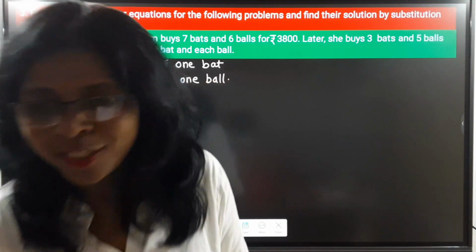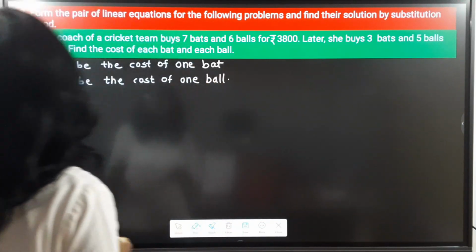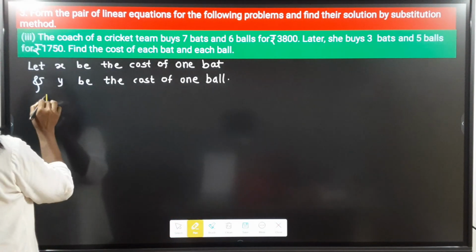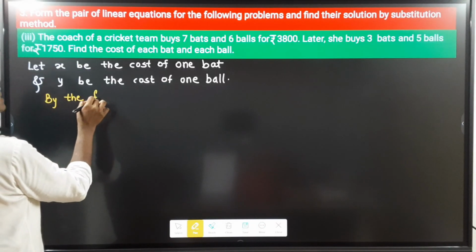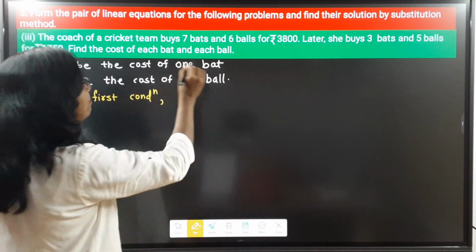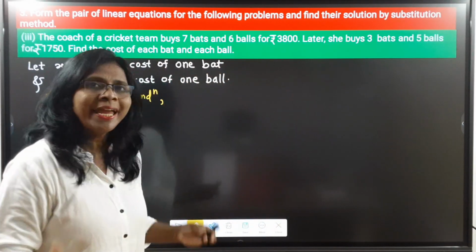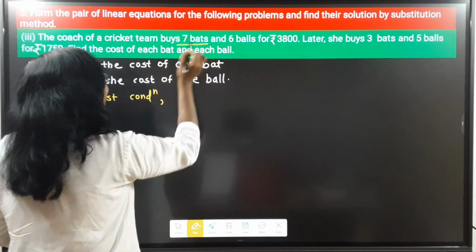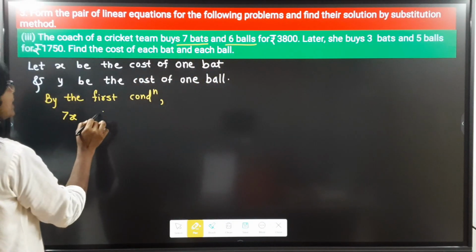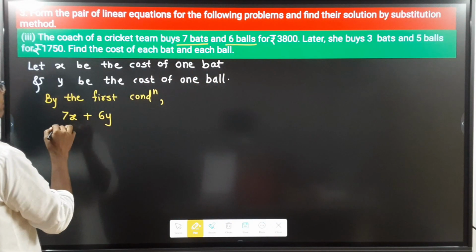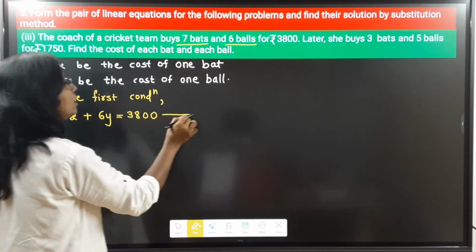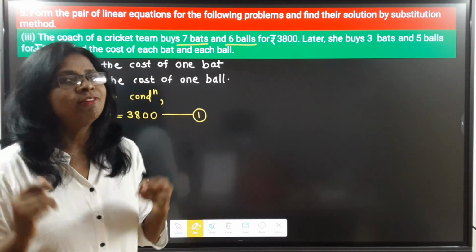Now, by the first condition, 7 bats and 6 balls cost rupees 3,800. The cost of 7 bats will be 7x and the cost of 6 balls is 6y. So the total amount is 7x plus 6y is equal to 3,800, and this is our first equation from the first condition, students.